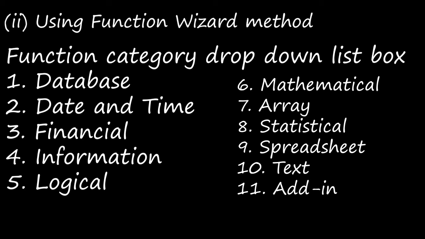They are database, date and time, financial, information, logical, mathematical, array, statistical, spreadsheet, text and add-in. I'll say it again: database, date and time, financial, information, logical, mathematical, array, statistical, spreadsheet, text and add-in.